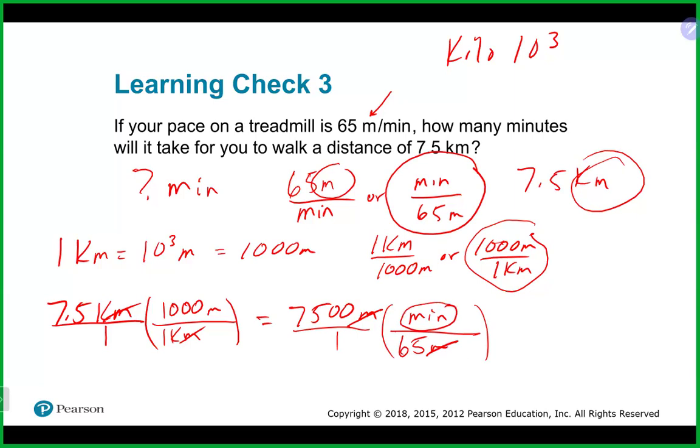And that's actually the unit of time we're looking for, right? So what's left here is we're going to multiply whatever's on top and divide by what is on the bottom. So really it's just 7,500 divided by 65. And that's going to give me on my calculator 115.3846154, and the units are minutes.